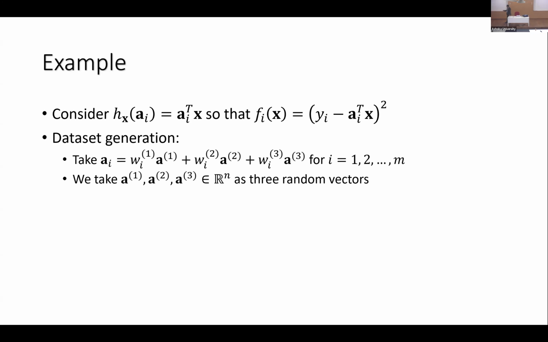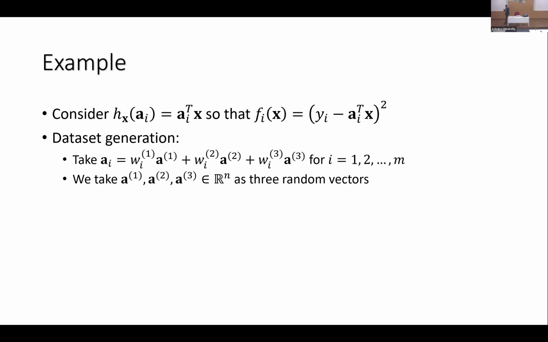But notice that the index i is on w: w_i1, w_i2, w_i3. Now, what is the impact? The i-th data point is a random combination of a_1, a_2, a_3. For every i, the first data point is some random combination, the second data point is some random combination, and so on. So the entire data set consists of random linear combinations of originally only 3 vectors.